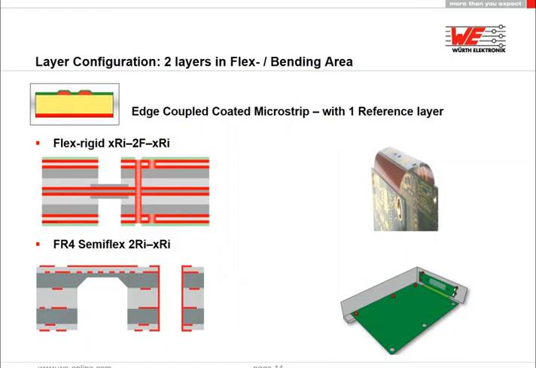Typically, the flexible layer is inside the stack up, symmetrically inside, but could also be external, as we can see in the second example, the FR4 semi-flex with the 2 bendable layers outside.